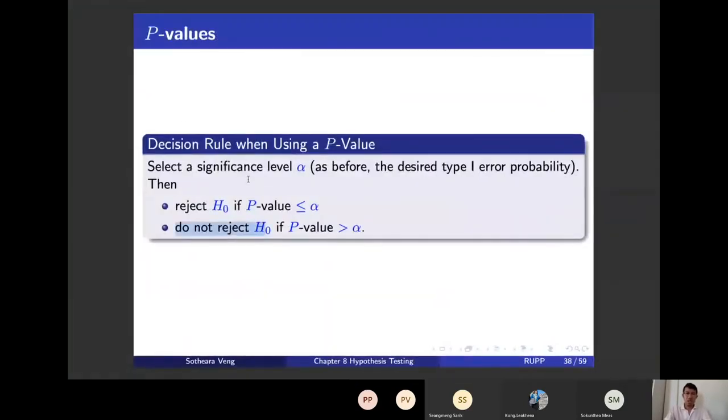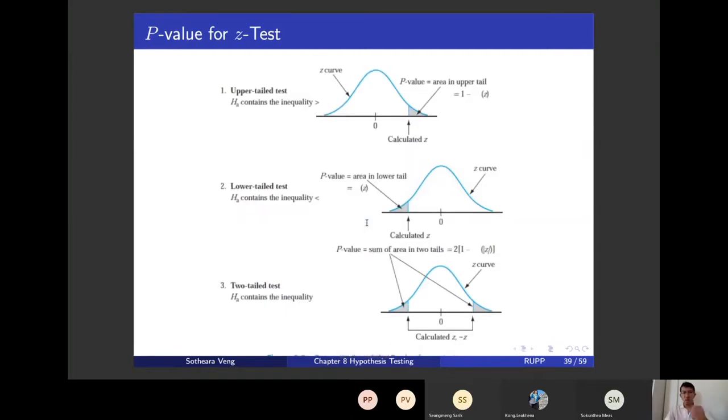Okay, this is the rule again. How to decide whether to reject the null hypothesis based on the p-value. Here, for the upper tail test, I refer to the right tail test.